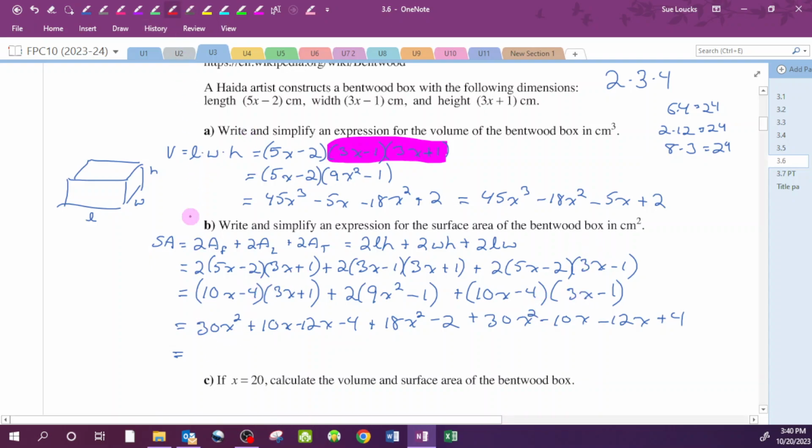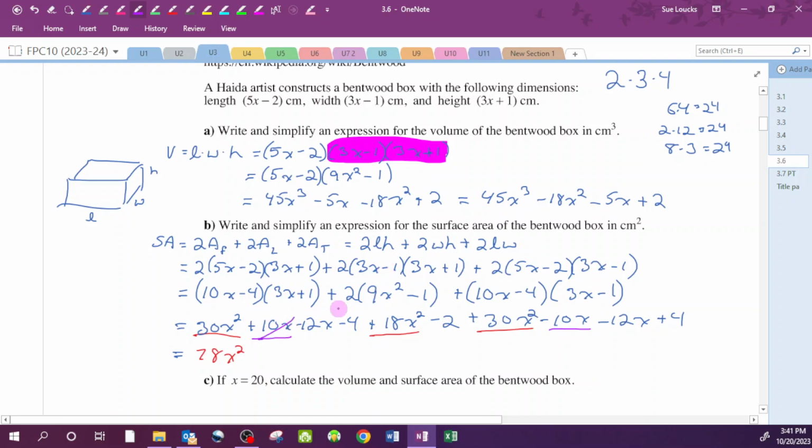So now I'm going to underline things as I collect them. I'm going to do all of my x squareds first. So I've got 30 plus 30 is 60 plus 18, that is, oops, sorry, 78. That is 78x squared. And then let me do my x's. So I've got 10x. Oh, minus 10x is just 0.